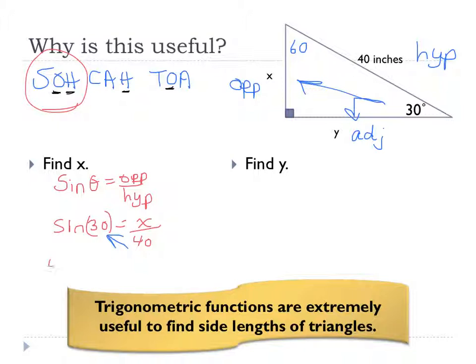So we've got 40 times the sine of 30 equals x. And on the TI calculators, you're going to go ahead and take the sine of 30 degrees, and then you can multiply that by 40. The sine of 30 degrees is a half, and multiplied by 40, of course, is 20.